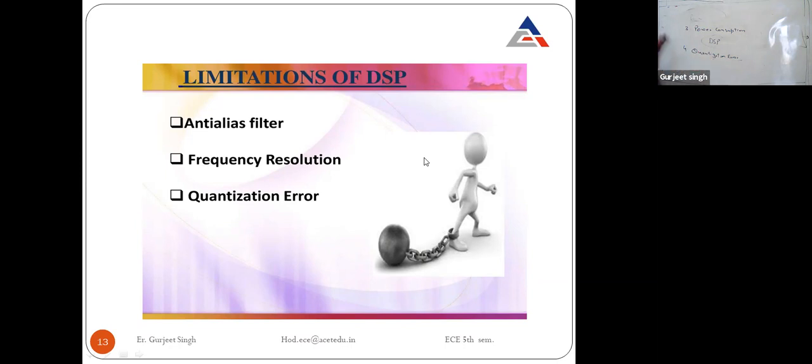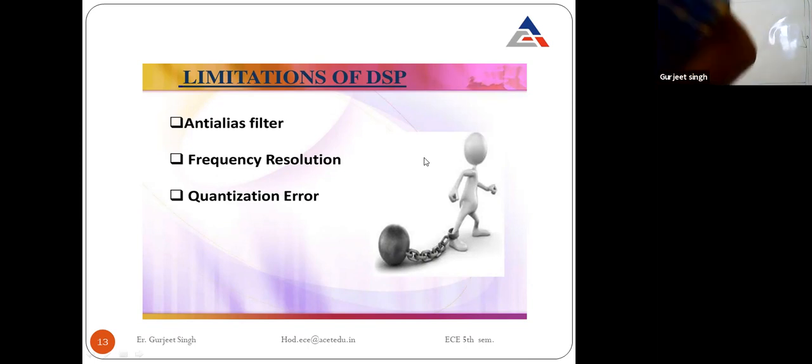Quantization error occurs when we are converting the analog signal into the digital signal. So this is also a drawback of the DSP. So this is basically the introduction of the DSP.